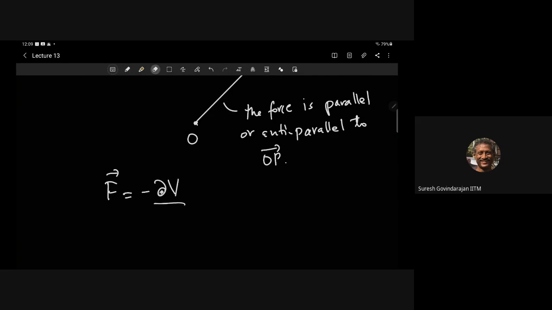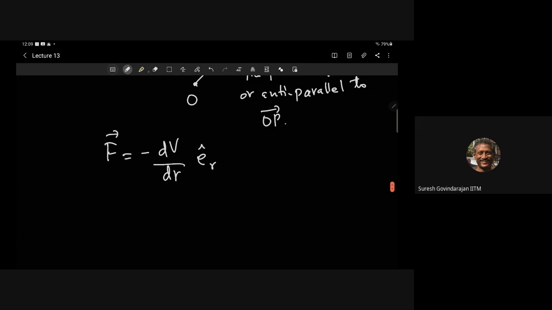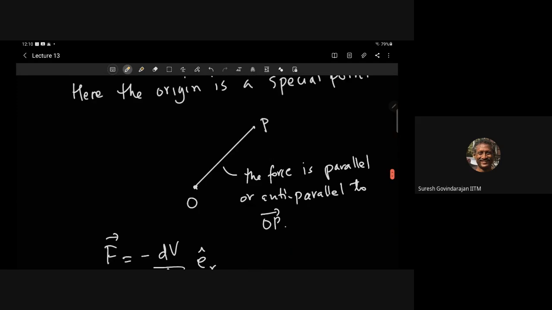And F, it's not even necessary to write a partial derivative because it's only a function of one variable, so it is just dV by dr times E_R cap. Okay, so I will specify this: it is a unit vector along increasing R. In this setup, you pick a point P and the unit vector would be in this direction.